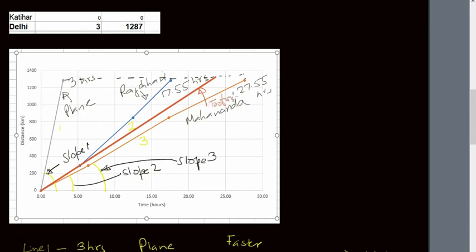Tufan means storm. So this is the slope of Tufan. So now we see that, let me draw here, the slope of Tufan is greater than the slope of Mahananda.